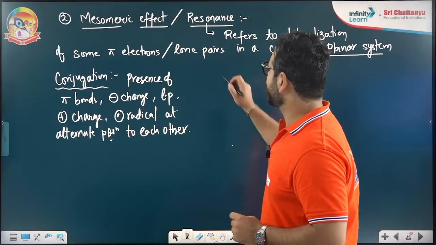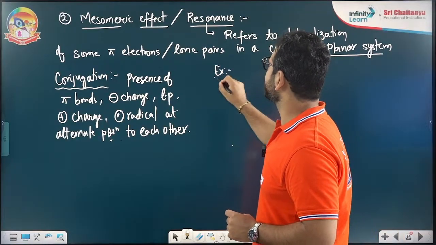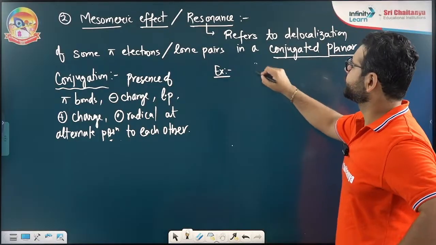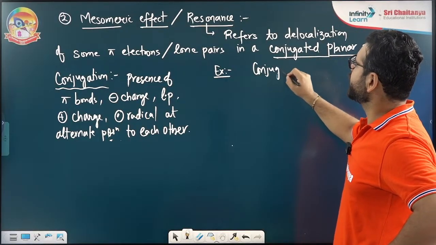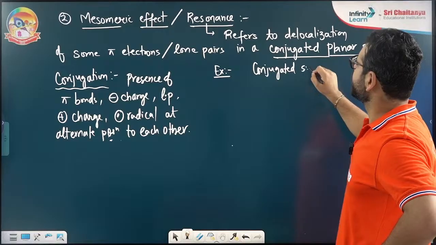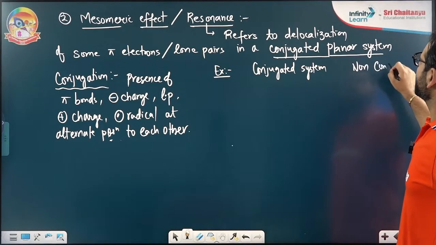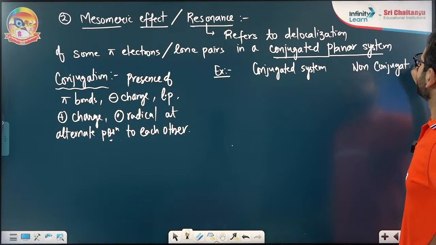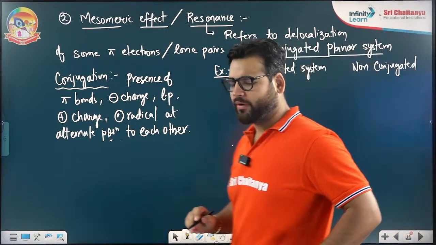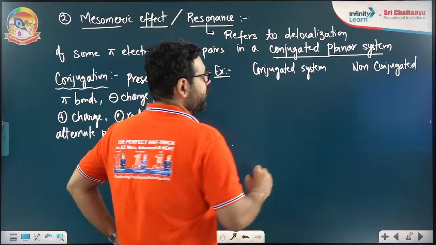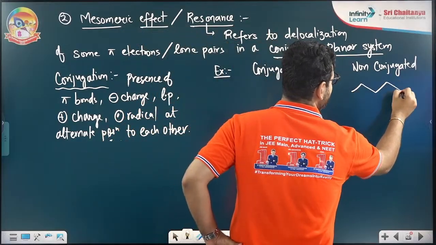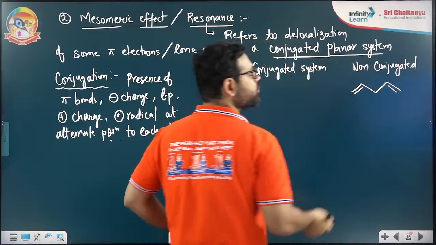For example, I'll show you some conjugated systems and some non-conjugated systems. When I have two pi bonds present like this, this is a non-conjugated system.